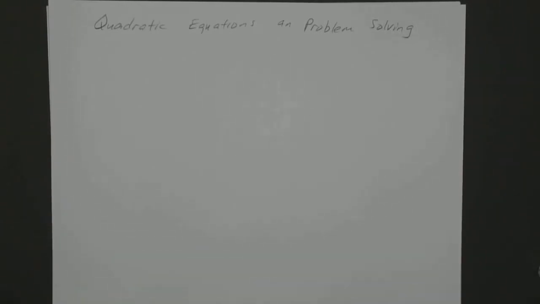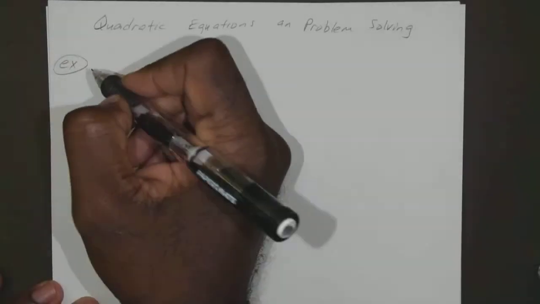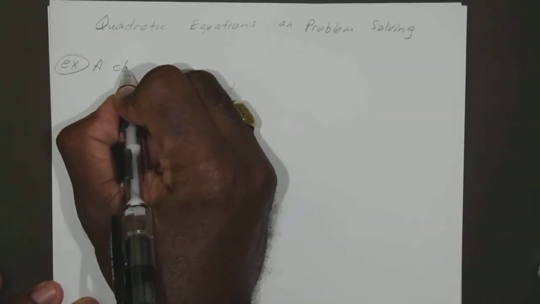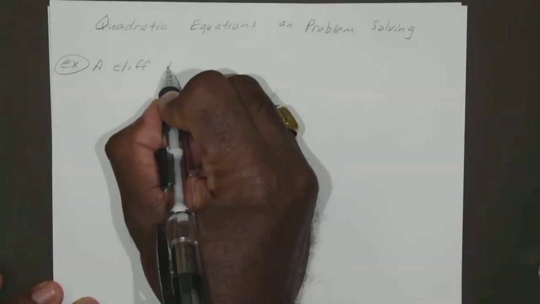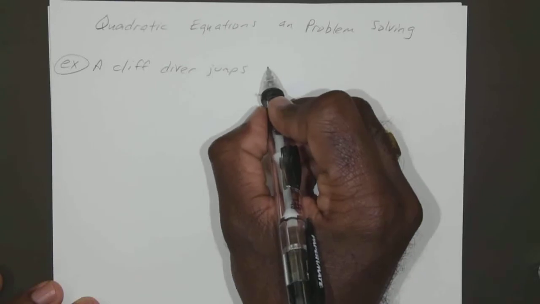All right, so let's say, for example, a cliff diver jumps from a platform.